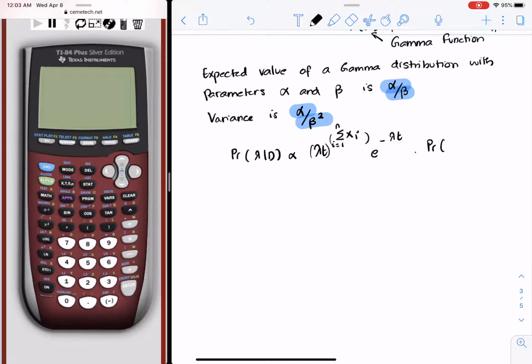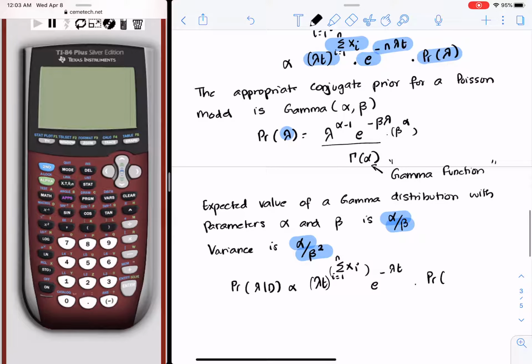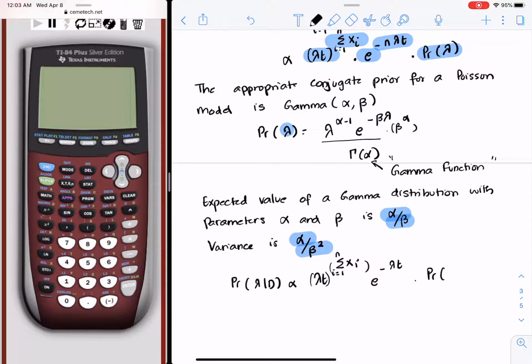The t over there sort of presents itself as a problem because it is easier to have it in terms of t, but then here we end up having just lambda in the parameter.